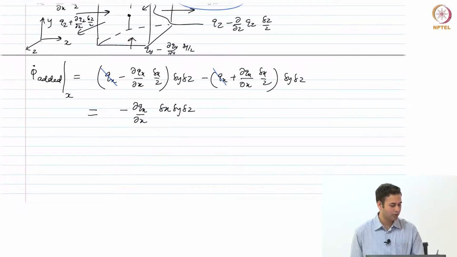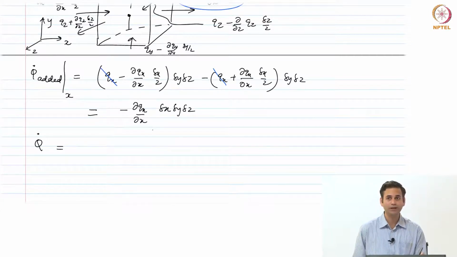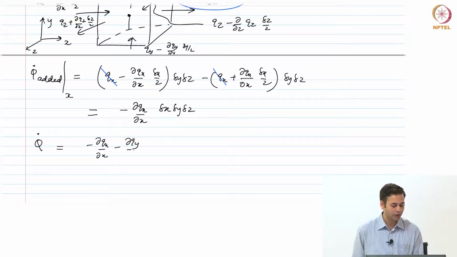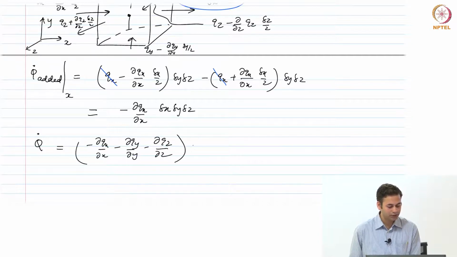Okay, that means what would be the total heat transfer that is being added to the fluid particle? This would be a summation of the x, y and z components, okay. That will be minus partial qx by partial x, minus partial qy by partial y, minus partial qz by partial z, times delta x delta y delta z. So, what is this?